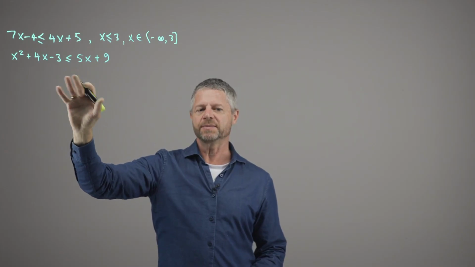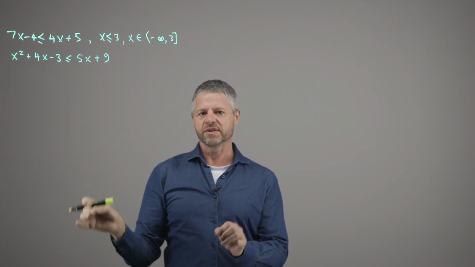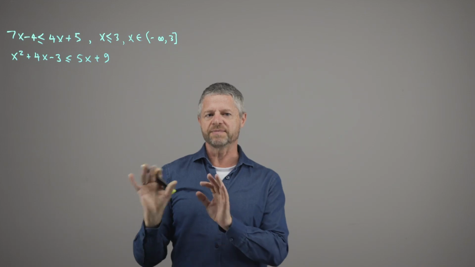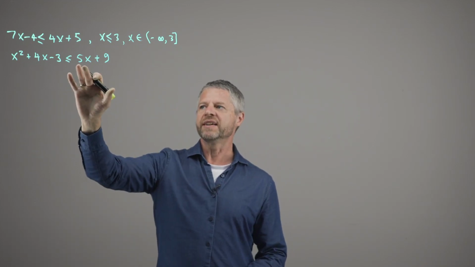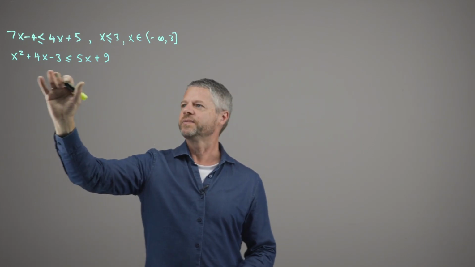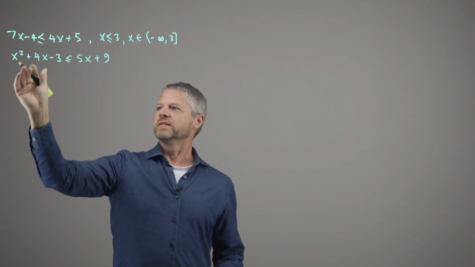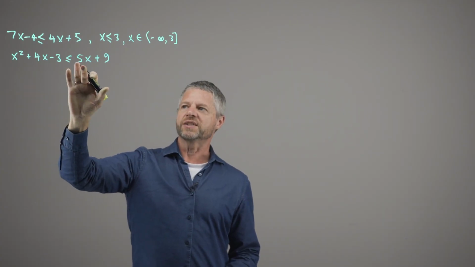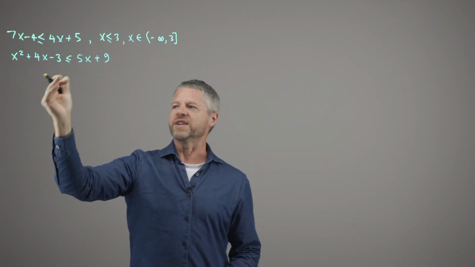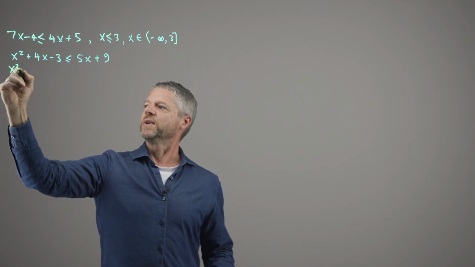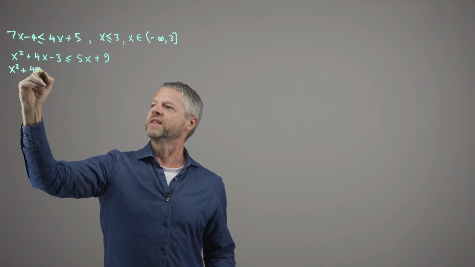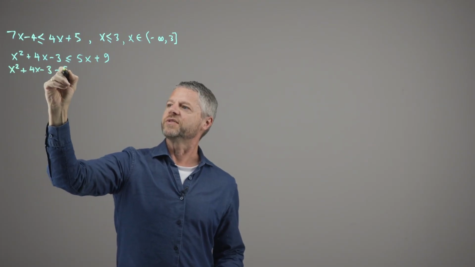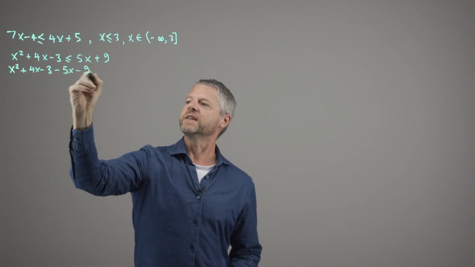So all I need to do is subtract 5x and subtract 9 from both sides. So I'll have x squared plus 4x minus 3 and then minus 5x minus 9.